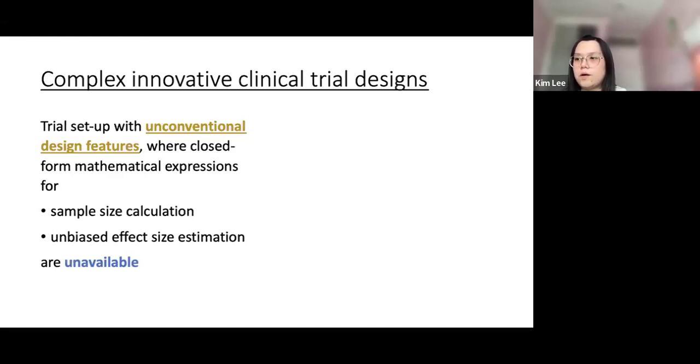We don't have closed form mathematical expressions to compute what we need. For example, we don't know how to compute the required sample size, say using a calculator or a formula. We don't know what analysis methods can provide valid inference, such as an unbiased estimated treatment effect. It is in such context that clinical trial simulation becomes a valuable tool.